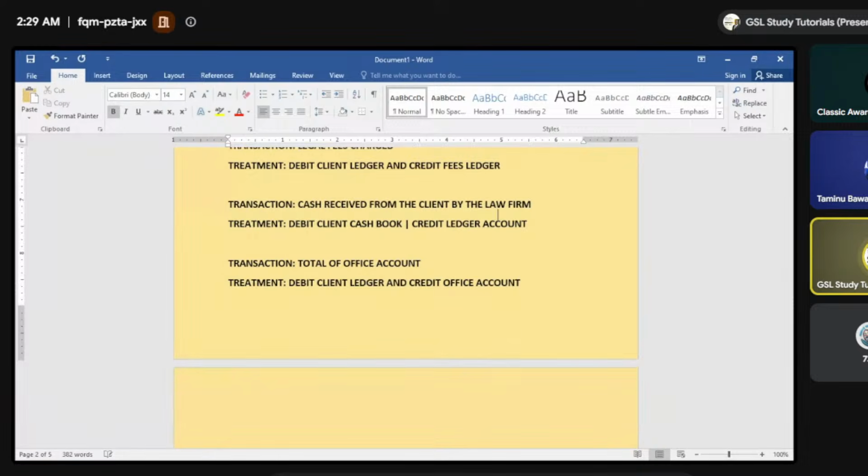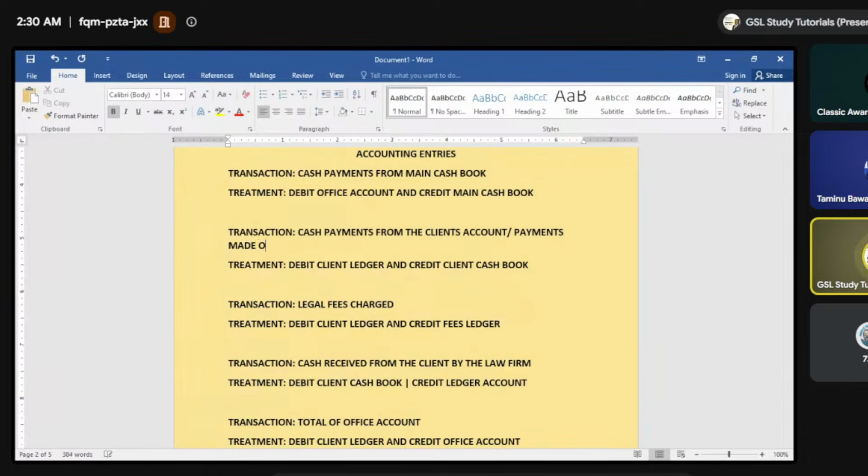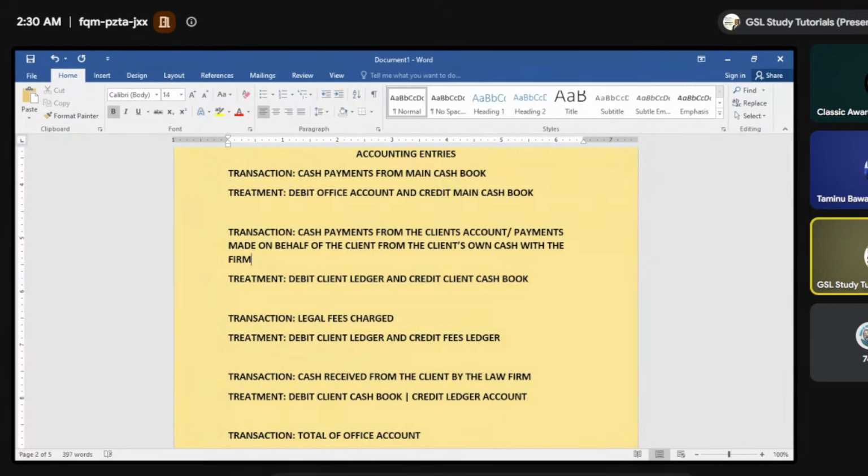I'm sure this one is what they are referring to, cash payments on the client account, or payments made on behalf of the client from the client's own cash with the firm.